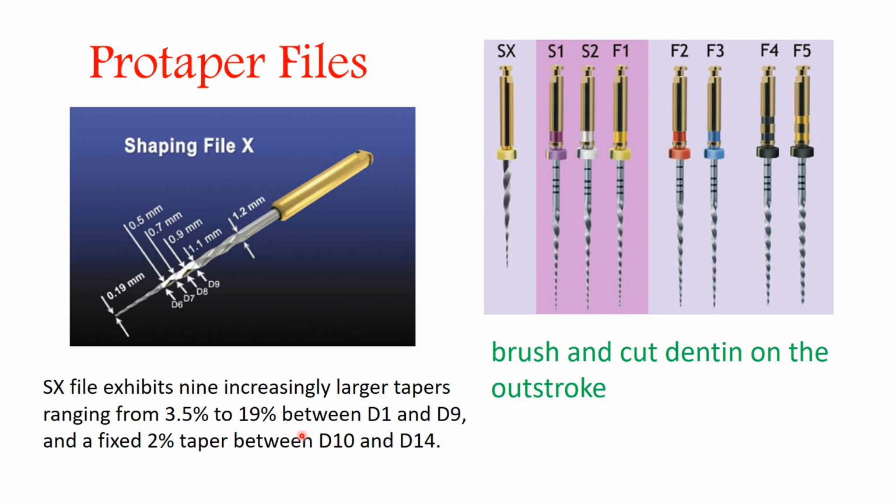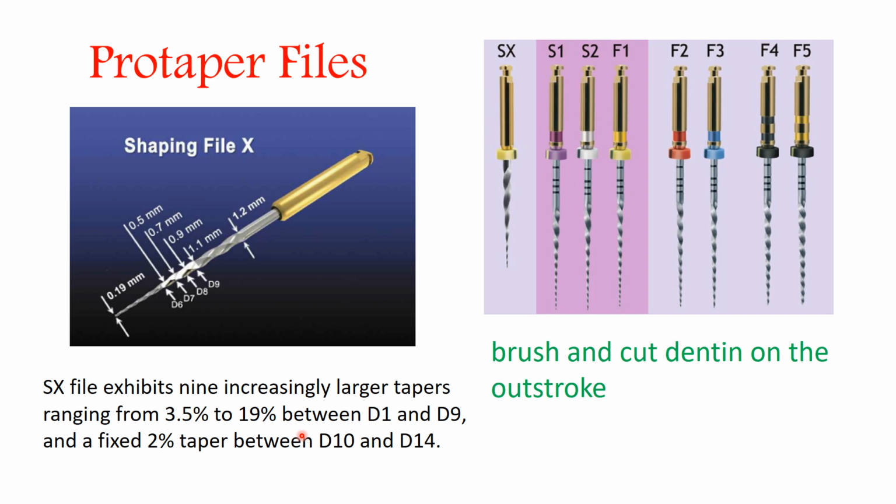Here in SX, between D1 and D9, where D1 denotes the diameter at your tip, the taper increases from 3.5 to 19%, whereas between D10 and D14 they have a fixed taper of 2%. So this is an example of variable taper files.